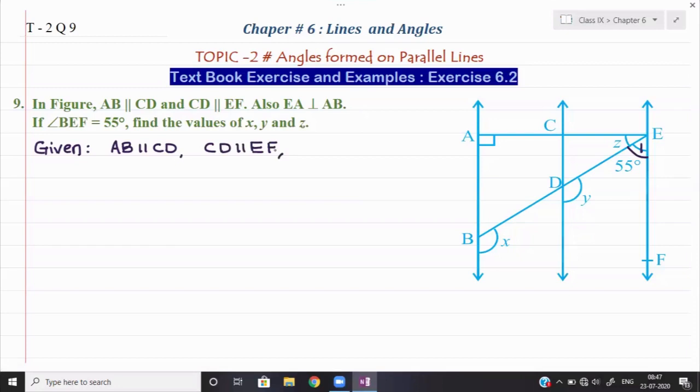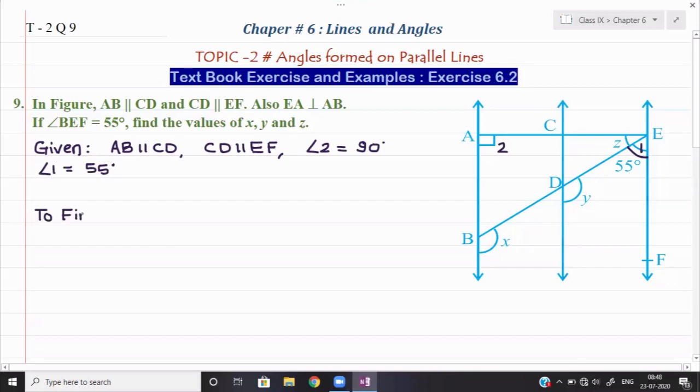So you can write down EA perpendicular to AB, or I will say this is my angle number 2. So I can say directly in the given angle number 2 is equal to 90 degrees. Since angle values we need to find out, if I get the value of one more angle which may be helpful to find out the required one, we should mention that directly. And one more thing, angle number 1 is given in the question as 55 degrees. Now what we need to find out in the question? We'll write down to find.